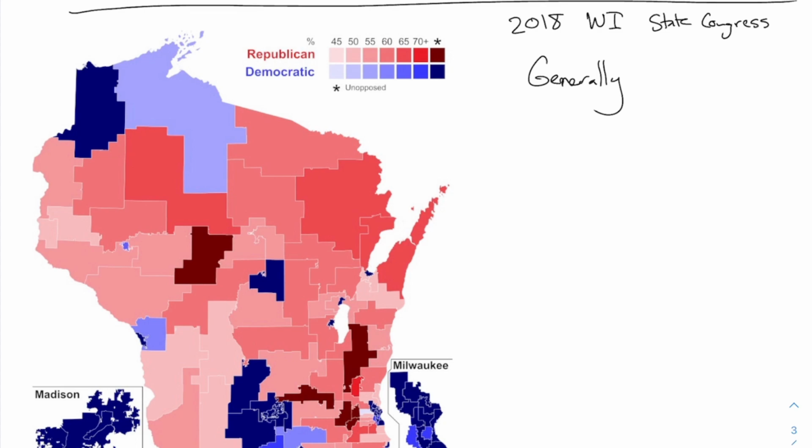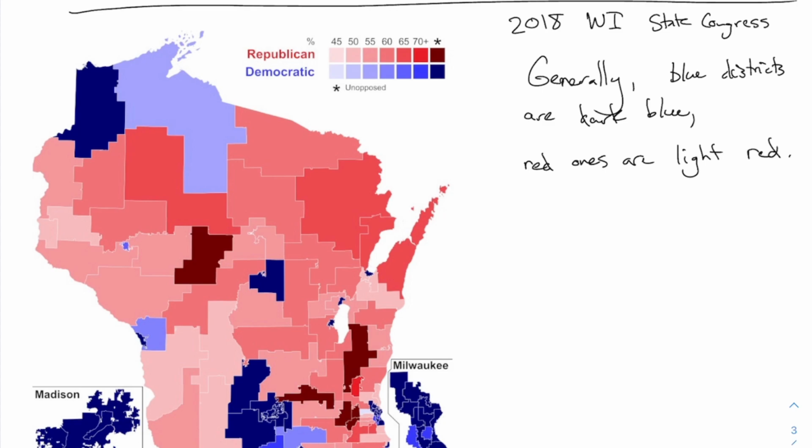And I will say, you can tell just by looking here, generally the blue districts are dark blue, whereas generally the red ones are light red. This is not always true. There are some dark red ones, but this is generally true overall. On average, the blue ones are quite dark, whereas the red ones are quite light.